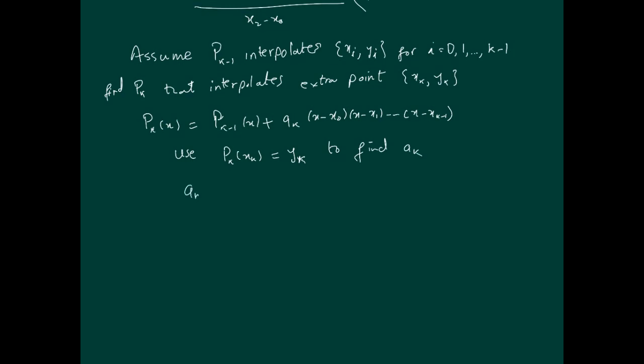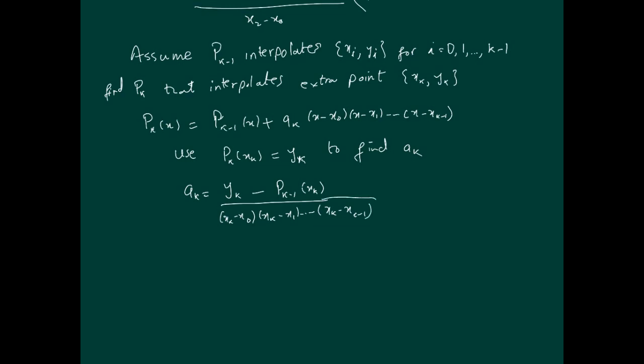And it turns out that ak, in this case, which we can quite clearly see, is yk minus pk minus 1 of xk, sorry, pardon me, this is at xk, all right, divided by xk minus x0, xk minus x1, and all the way down to xk minus x(k minus 1).